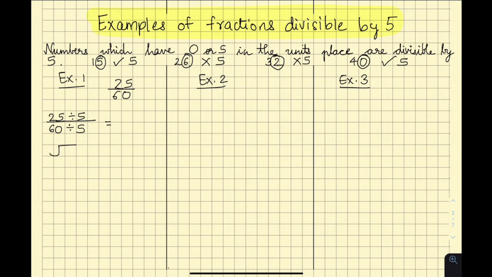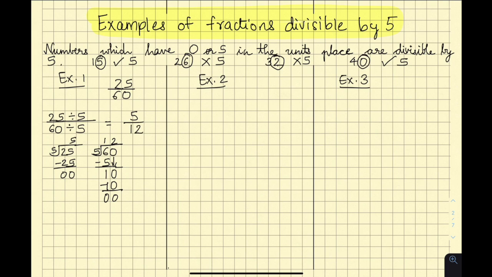If we divide 25 by 5, you get 5, 5 fives are 25. And if you divide 60 by 5, 5 ones is 5, 6 minus 5 gives 1. We bring the 0 down, 5 twos is 10. So 25 divided by 5 gives 5 and 60 divided by 5 gives 12.